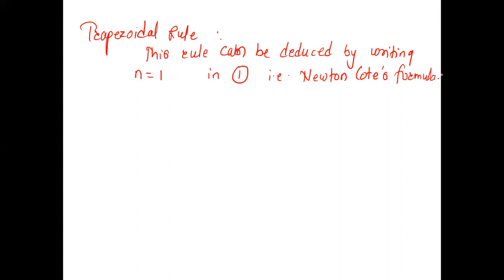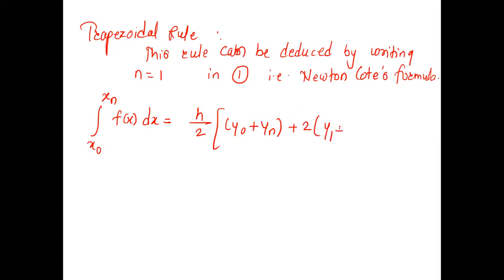We are not going to actually solve it. I will give you the formula; remember it directly. The trapezoidal rule: the integration from x naught to xn of f of x dx is defined as h by 2 into the bracket y naught plus yn, plus 2 times (y1 plus y2 plus y3 plus so on up to yn minus 1).